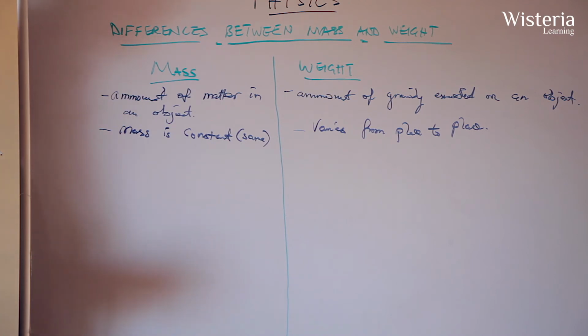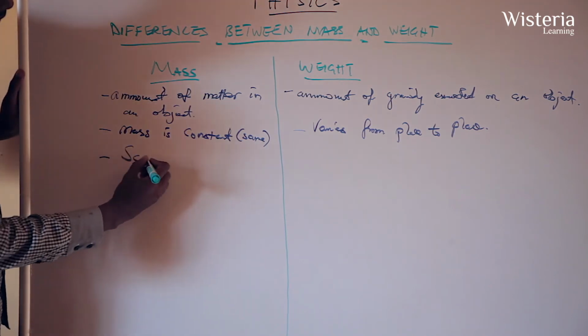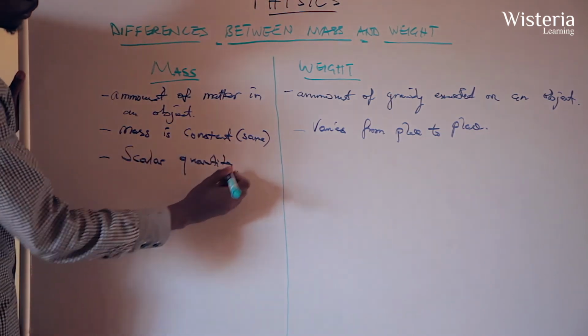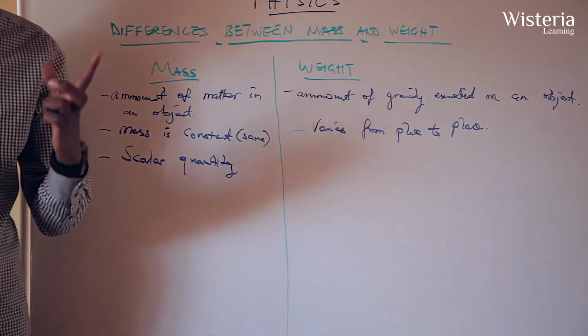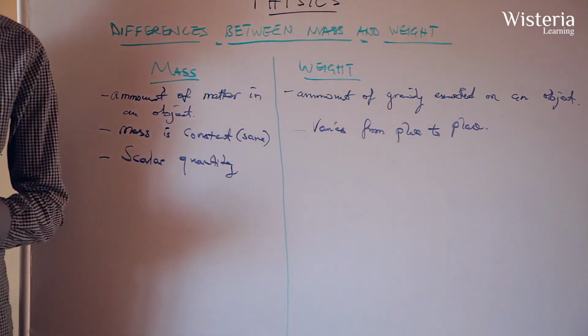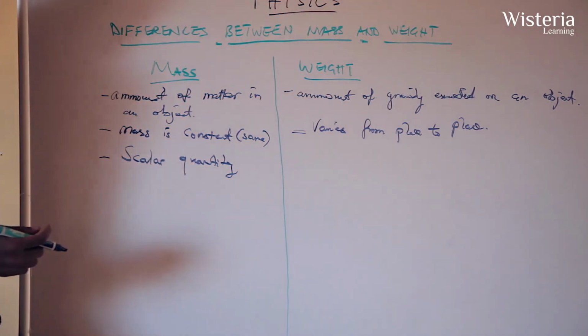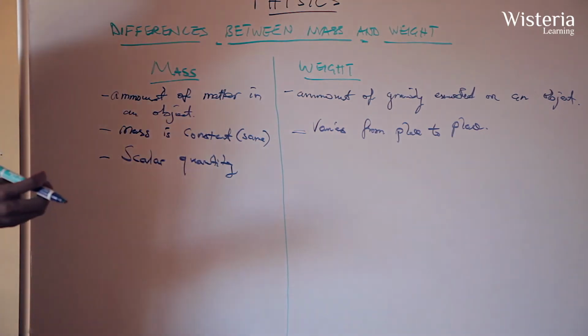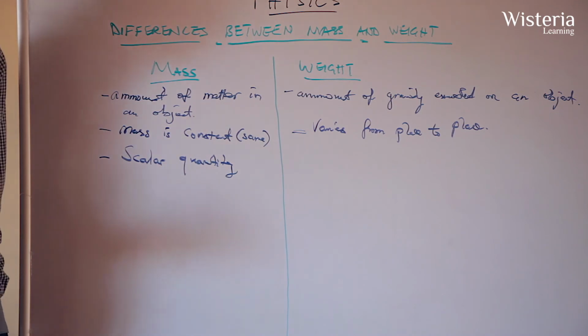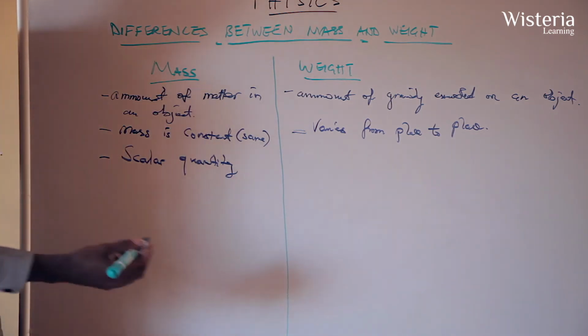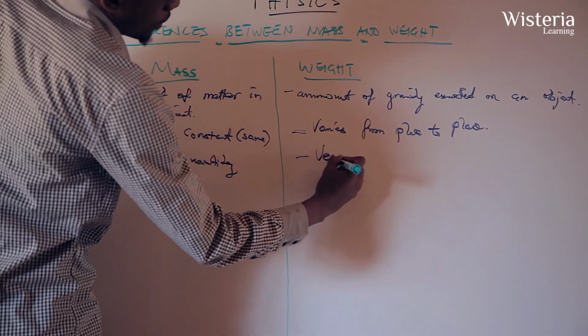And the other difference we can see is that since mass is just the amount of matter inside an object, we can say that mass is a scalar quantity. It only talks about the size of the physical quantity. There's no direction in which this quantity is acting. But for weight, it's the size of the amount of gravity acting on an object, and it acts downwards. Therefore, there is size and there's direction. Therefore, weight is a vector quantity.